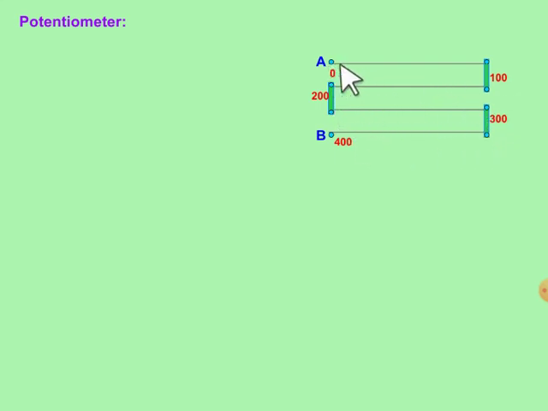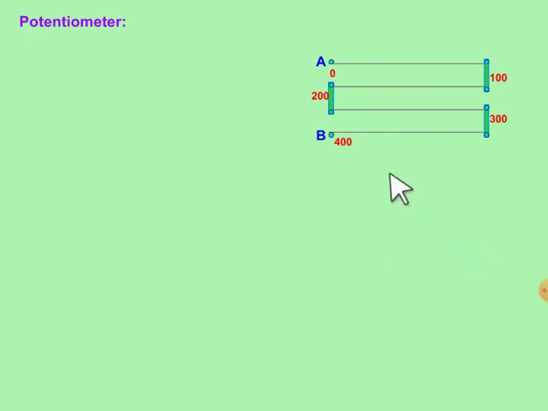If it is marked as 0, then this will be 100 centimeter, 200, 300, 400, like this. In our laboratory we may find this as 400 or 500, or you may also find 1000.